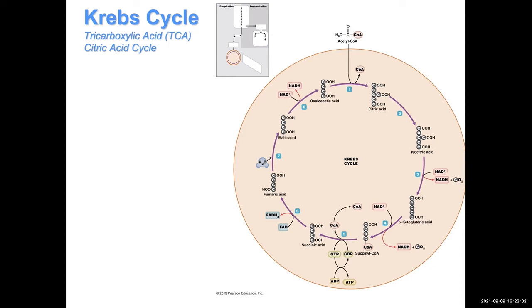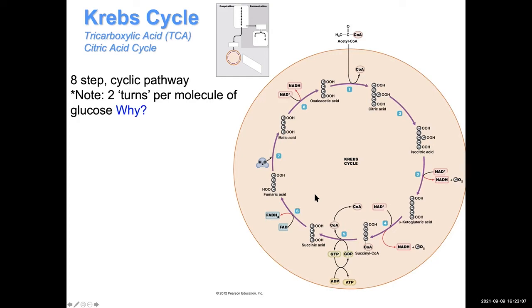And they go through this cyclic pathway. This is an 8-step cyclic pathway. There are 2 turns per molecule of glucose. Why? Because each one enters 1 at a time?